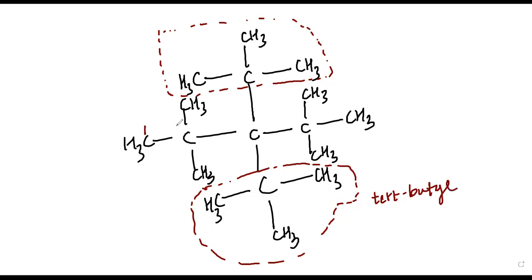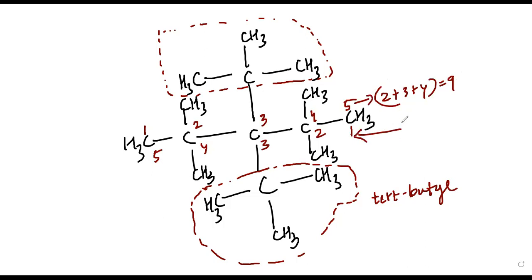Now if we write the longest chain 1, 2, 3, 4 and 5, or we can write it 1, 2, 3, 4 and 5. You can see that on both sides the branches are on 2 plus 3 plus 4, that is going to be 9. Even in this direction we can have 2, 3 and 4. So it's 2 plus 3 plus 4, that is also going to be 9. So both ways we can give the numbering.